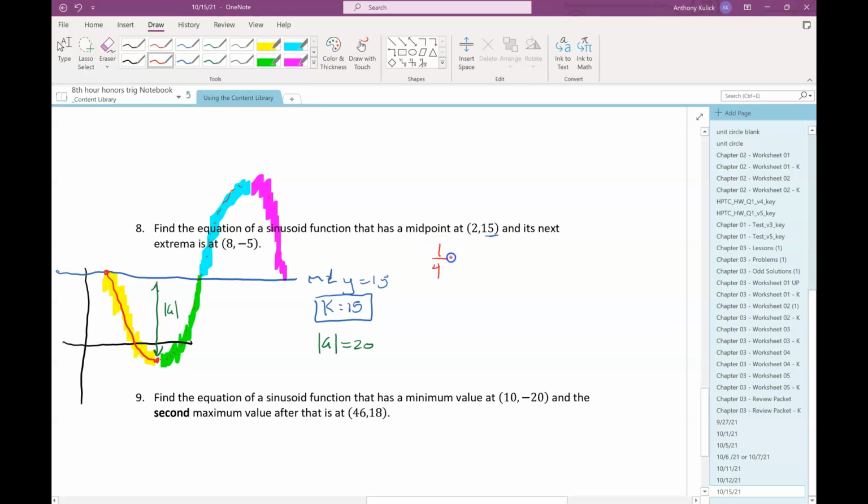So I know 1/4 of a period is going to be the horizontal distance. So it's going to be going from 2 to 8. So that's 6 units we covered. And I know a period is 2 pi times the absolute value of C. So I'm just going to solve that equation now for C. So I'll multiply both sides by 2 over pi.